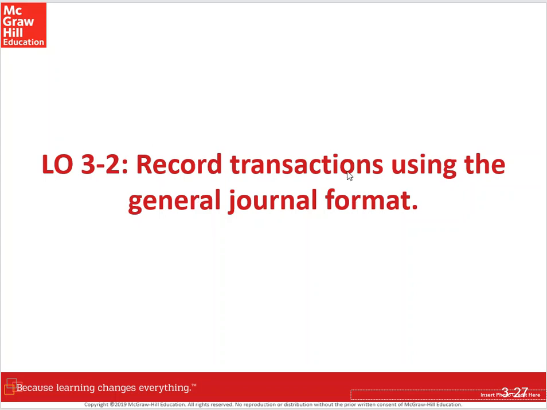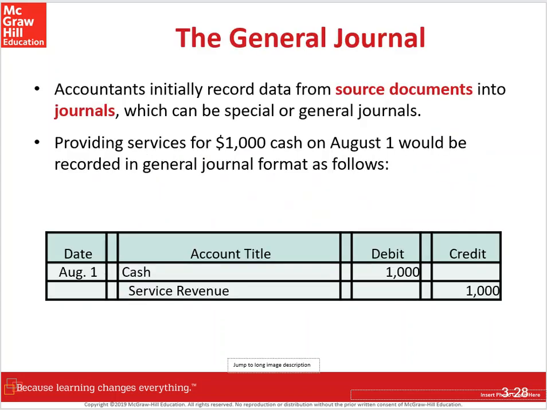So the next thing we need to do is learn how to write journal entries. So they say record transactions using the general journal format, which means we need to write journal entries. So here's the basics. When we record a journal entry, we start on the left on the first line with, typically it should be a date, but sometimes in textbook land it's just a transaction number, or it's A, B, C, or it's 1, 2, 3.